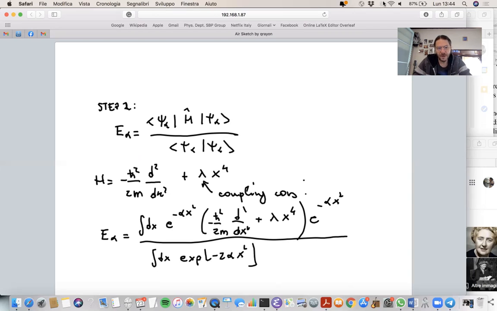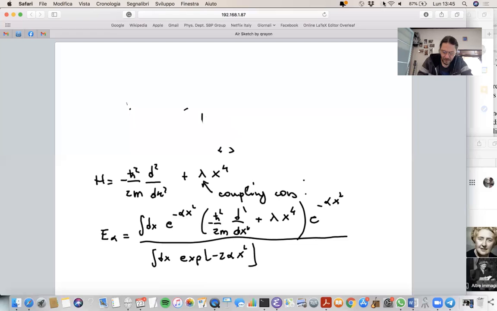Okay, so I'm just applying this equation here explicitly. Now, let me continue with this. Let me make some room. This is step 2, and this is the evaluation of E alpha.